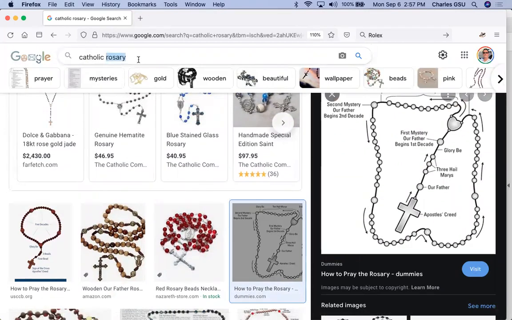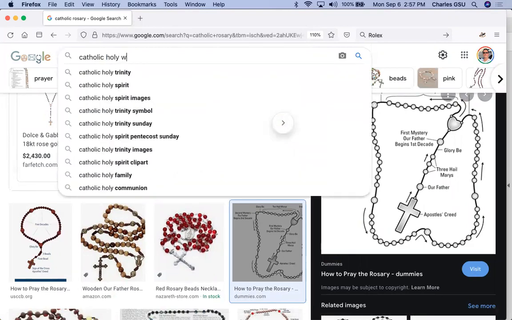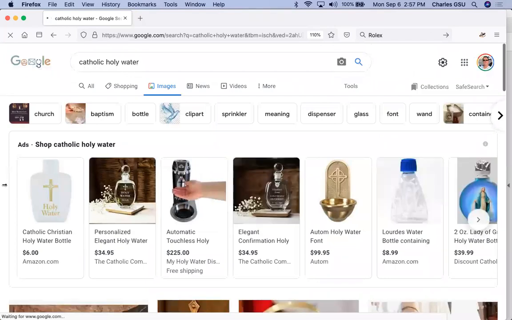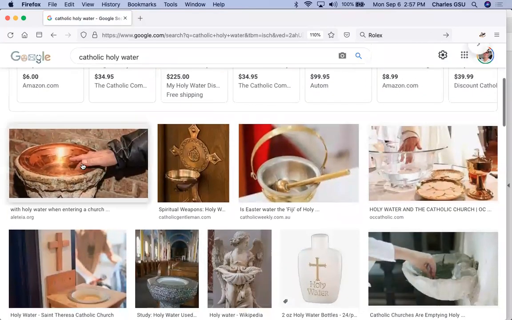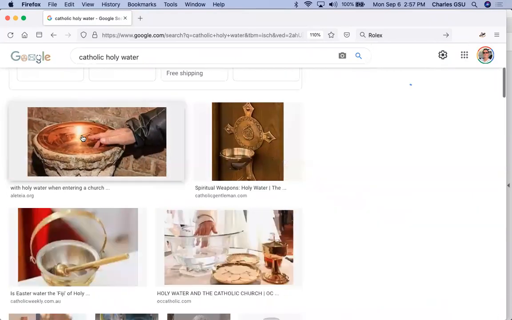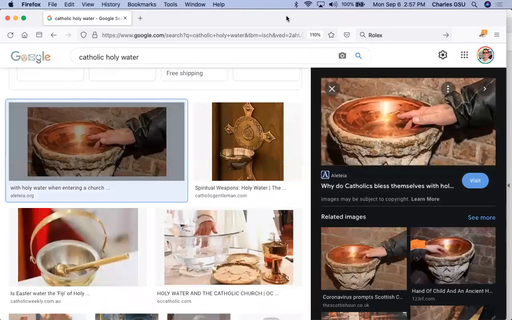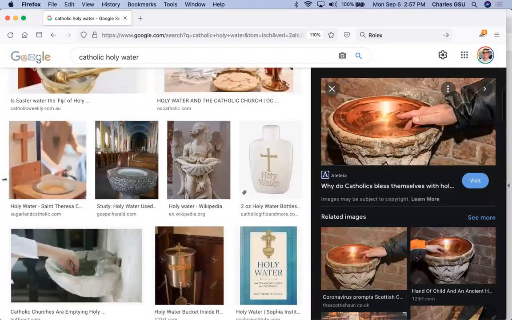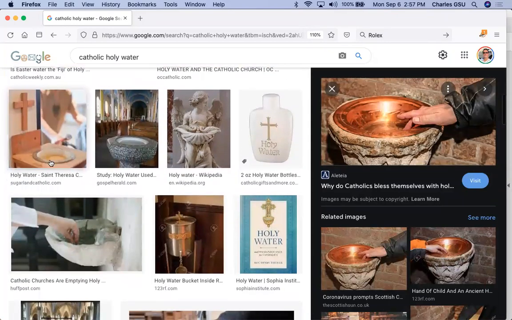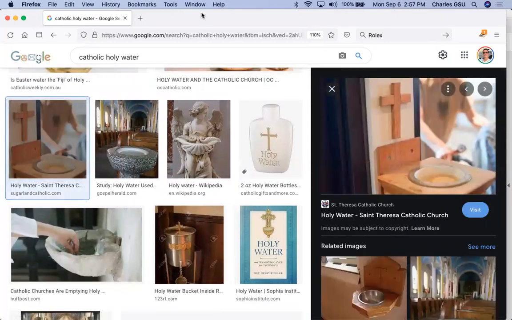Just as when you walk into a Catholic church, there's a little font or container, if you will, of water, and you're supposed to dip your finger in it and do the sign of the cross to ward off evil spirits, if you will, right? So it's holy because the priest has blessed it, right?